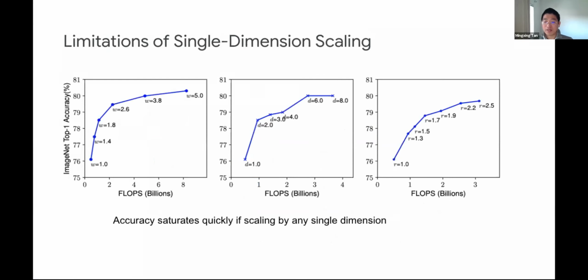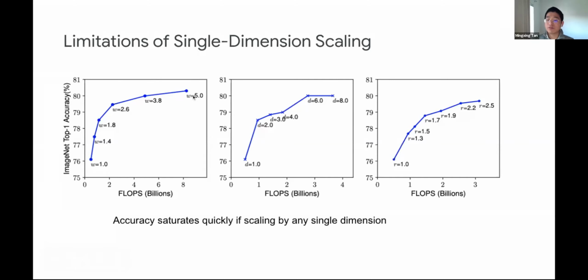So we did some study. We took a baseline model and tried different ways to scale it up. The left part is to make it wider, the middle part makes it deeper, and the right part is to increase the image resolution. It turns out the accuracy saturates pretty quickly.